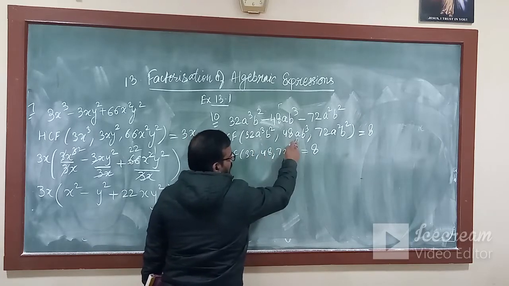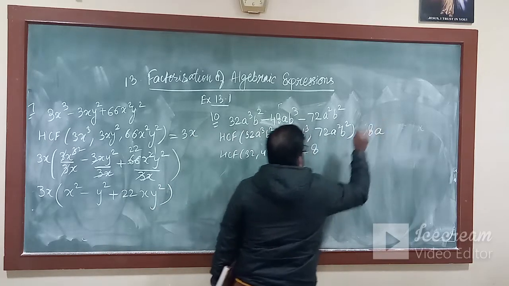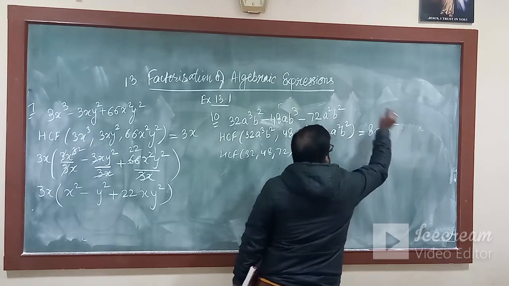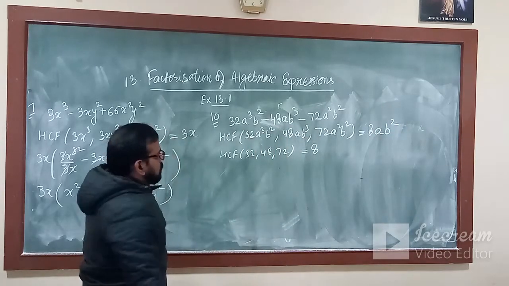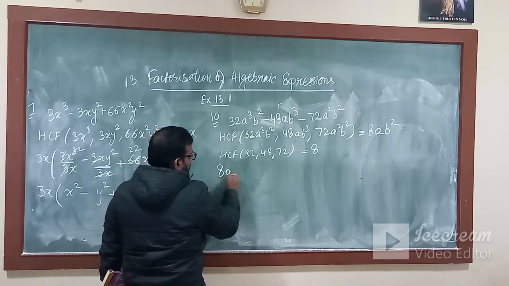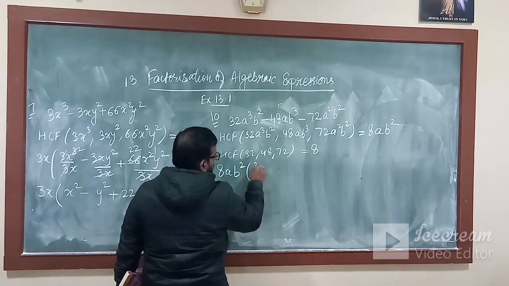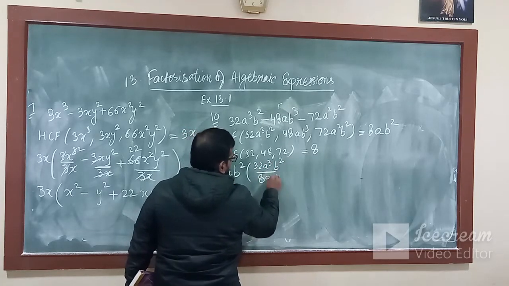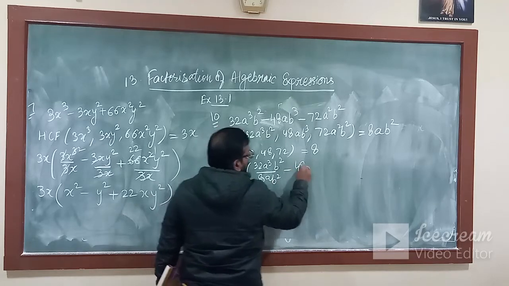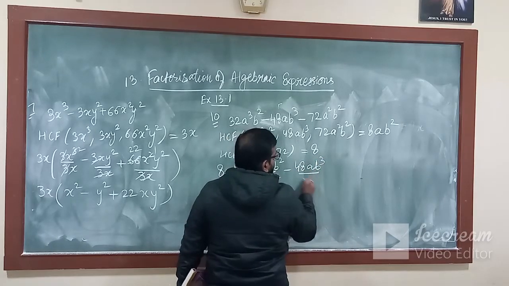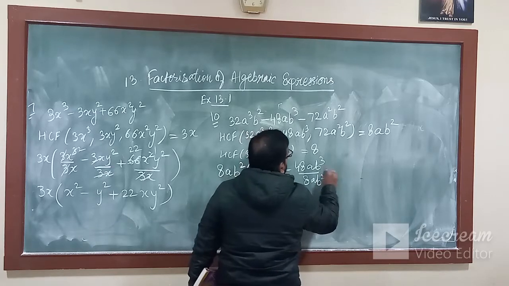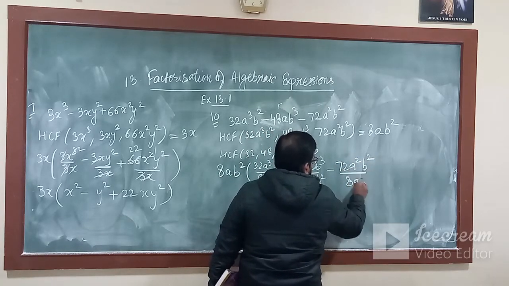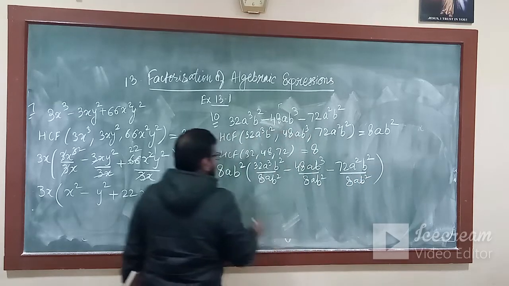Okay, so I will write 8 here. Then a cube, a and a square, so the least power is a. b square, b cube, b square, the least power is b square. So finally what I will get: 8ab square into 32a cube b square upon 8ab square minus 48ab cube upon 8ab square minus 72a square b square upon 8ab square.